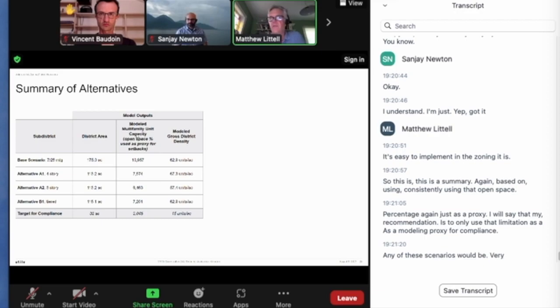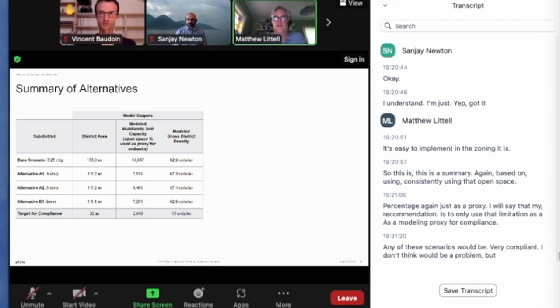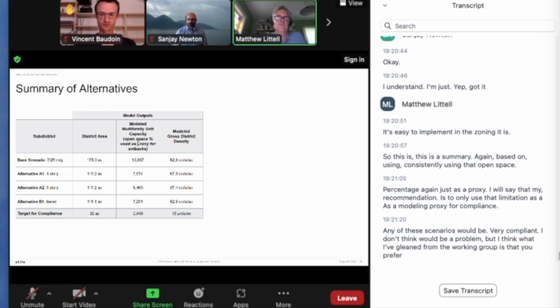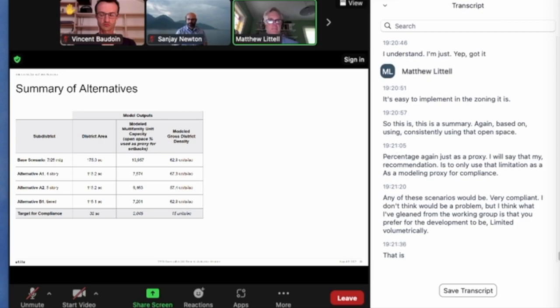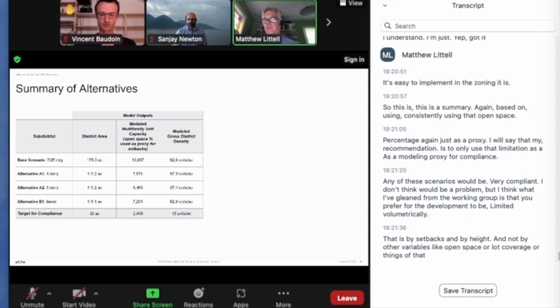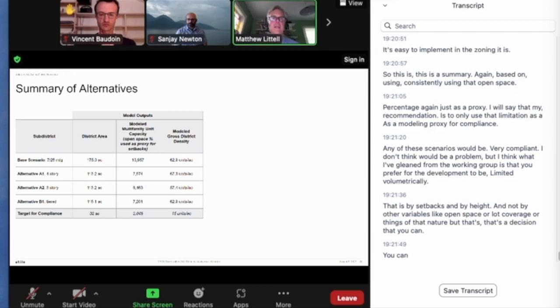But what I've gleaned from the working group is that you prefer for the development to be limited volumetrically, that is by setbacks and by height, and not by other variables like open space or lot coverage. But that's a decision that you can all make.